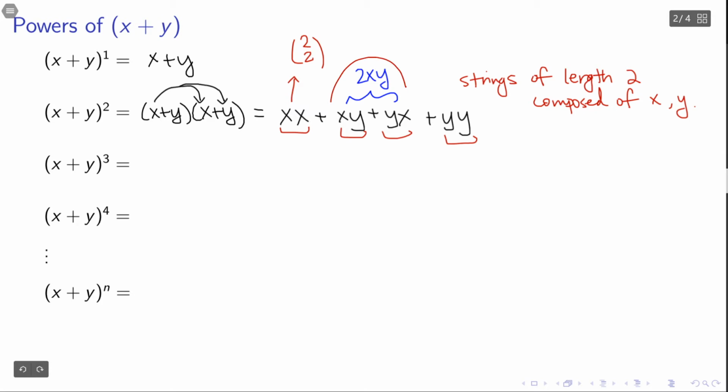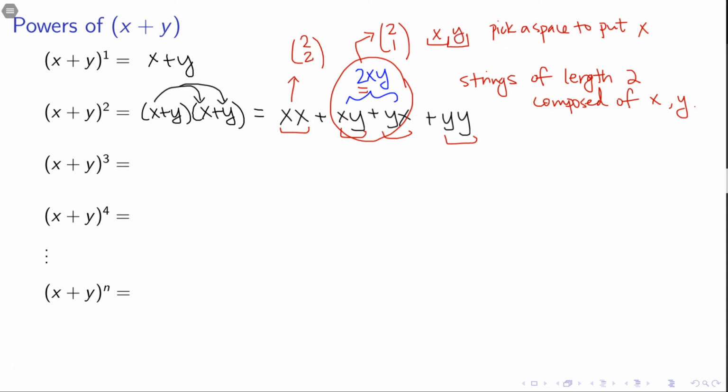Similarly, if you look at the two middle terms, you see here that 2 is equal to 2 choose 1, which you can view here as, given 2 spaces, how many ways are there to pick a space to put an x in? So we can either put the x in the first space, in which case we get a y in the second, or we can put an x in the second space, in which case we get a y in the first.